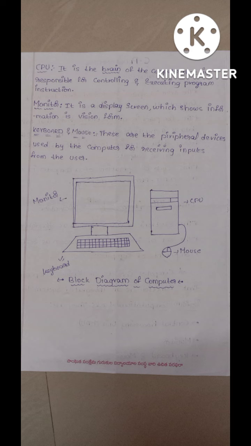Keyboard and mouse are the devices used for giving input to the computer. By using the keyboard and mouse only we give input to the computer. Below we show a computer diagram, in which we are discussing the parts of the computer like monitor, keyboard, CPU and mouse.